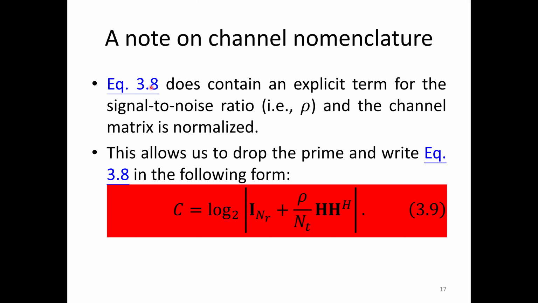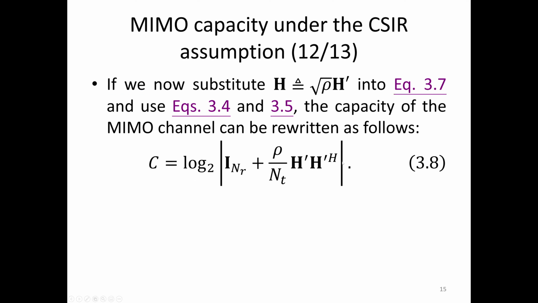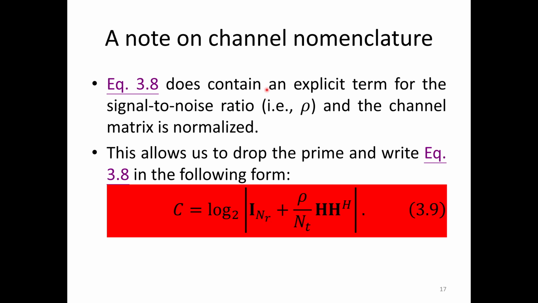Let us go to equation 3.8. This equation does contain an explicit term for the signal to noise ratio, that is rho, and the channel matrix is normalized. This allows us to drop the prime and write equation 3.8 in the following form.